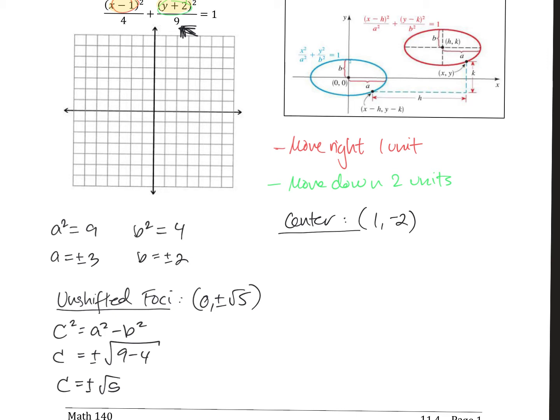So, for my shifted foci, we're going to add the shift to it. And what affects the y values? That would be moving down or up. Those are affecting the y values. So we're going to add 2 and then subtract 2. Okay, so adding 2 or subtracting 2 will get the actual foci.